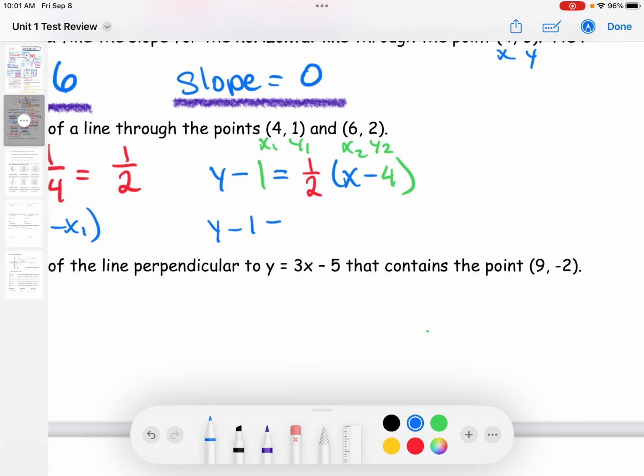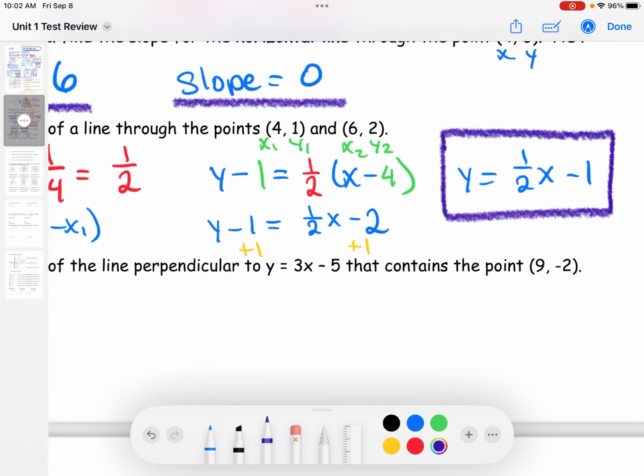Now, solving this, y minus 1 will equal 1/2 x minus 1/2 times 4, which is 2. And then we need to add 1. Once we add 1, we get y equals 1/2 x minus 1. There is the equation of our line.